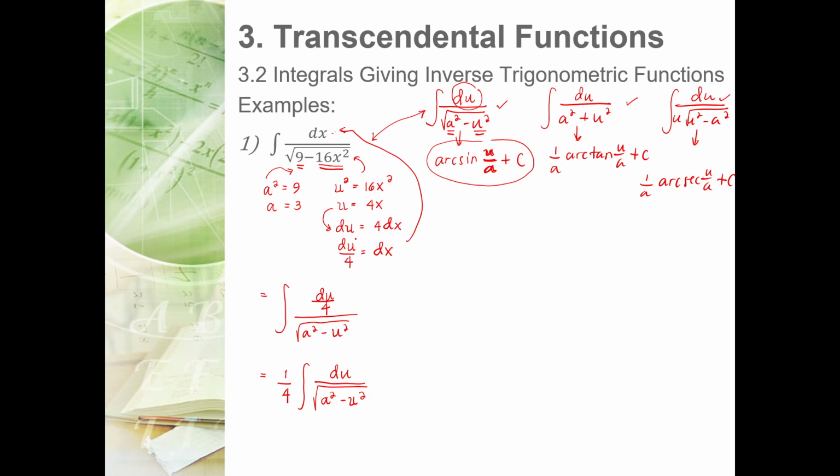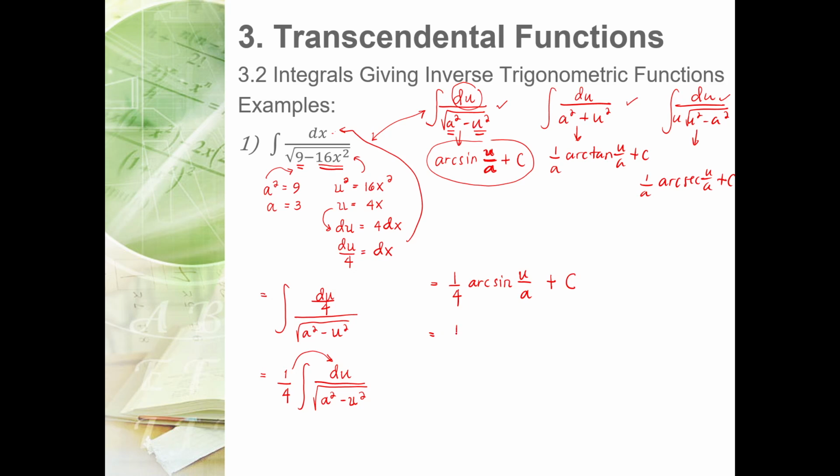Looking at the equation, that's equivalent to the given formula in the previous slide. So automatically our answer starts with 1/4, because we still need to multiply 1/4 to the integral of this solution, that's arcsine of u over a plus c.